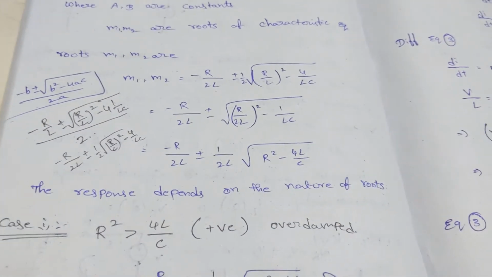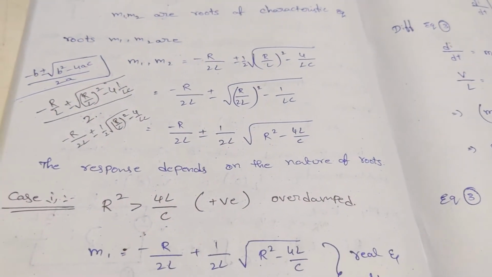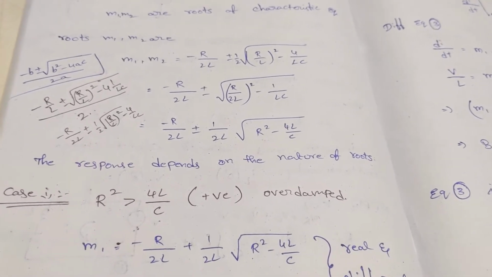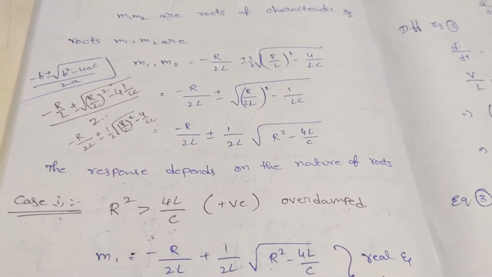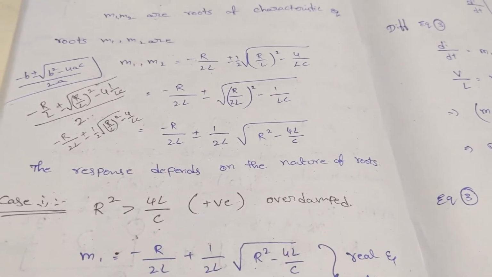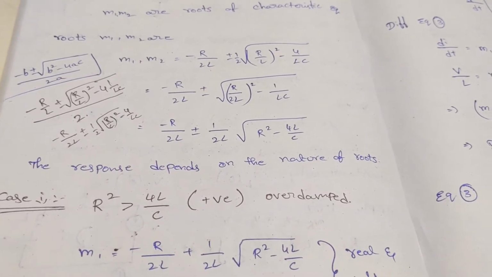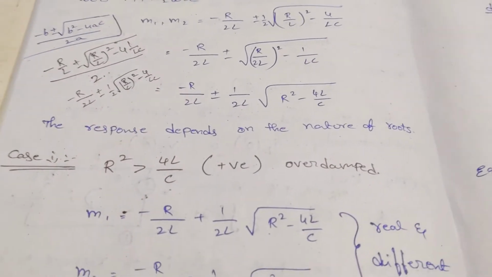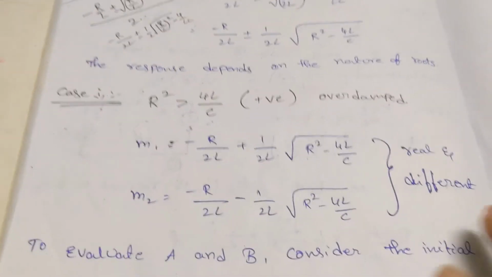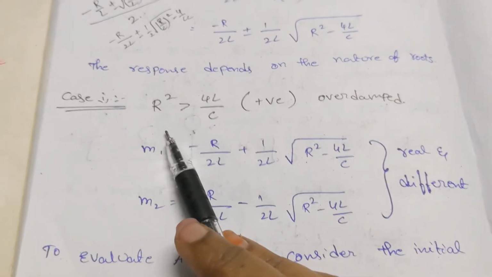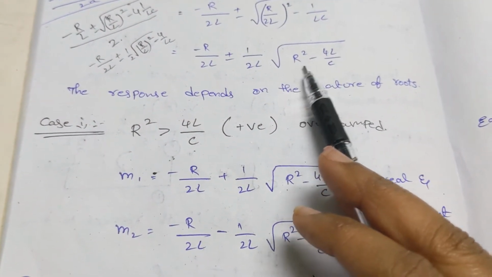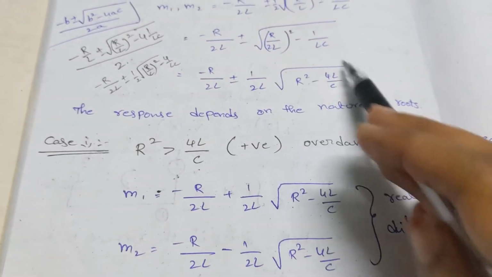Now we will check each and every case. If R square is greater than 4L by C, how will it be? If R square equals 4L by C, how will it be? Or R square is less than 4L by C, how will it be? Now, if R square is greater than 4L by C, then this will be a real value, no doubt.